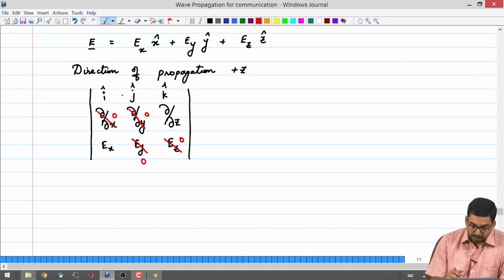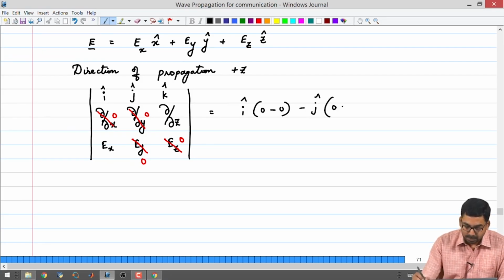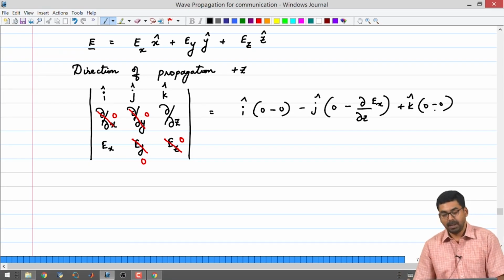Now, if you take the left hand side, this will become i hat times 0 minus 0, minus j hat times 0 minus dou by dou z of Ex, plus k hat times 0.